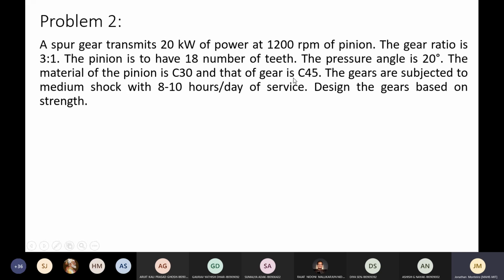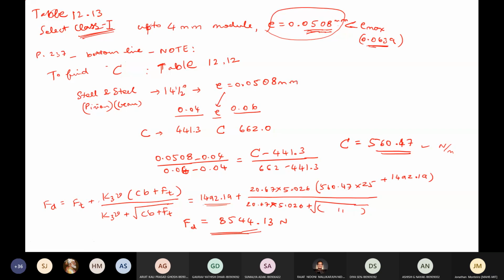Right from FD is equal to, I'll write it again here, 8544.13 newtons.